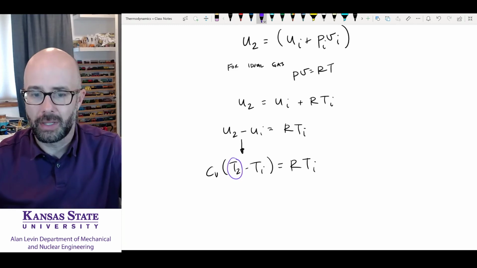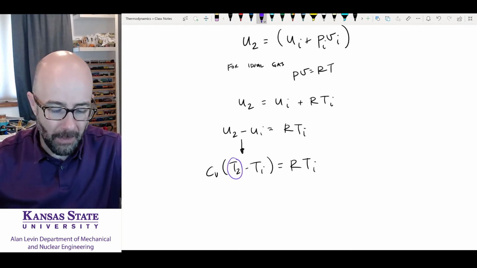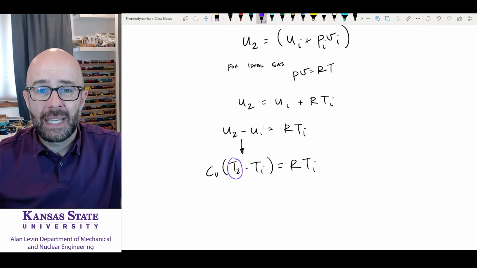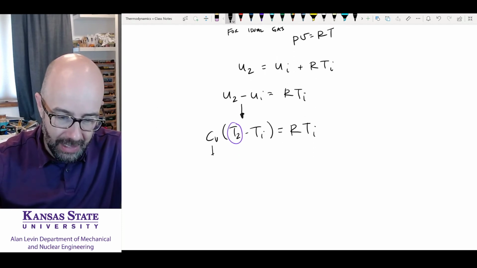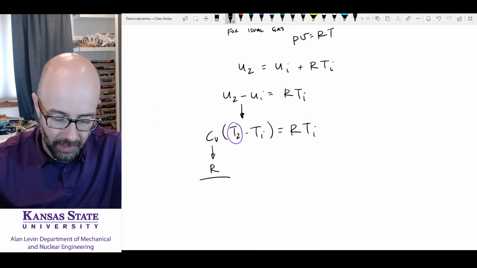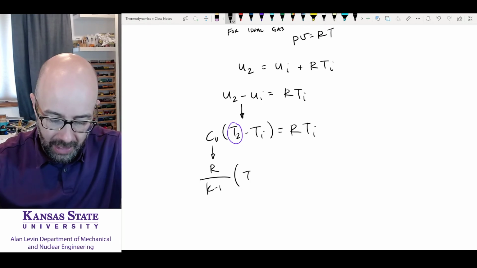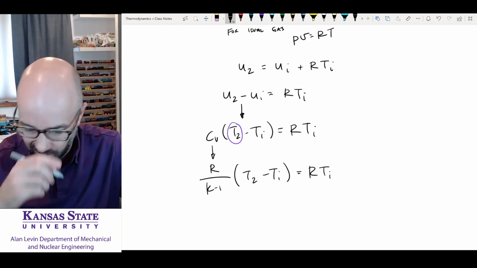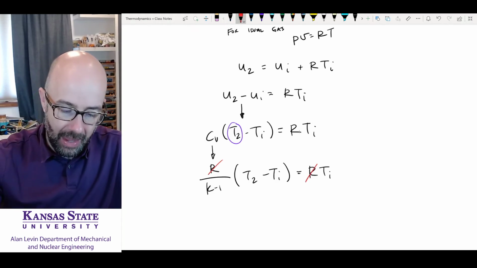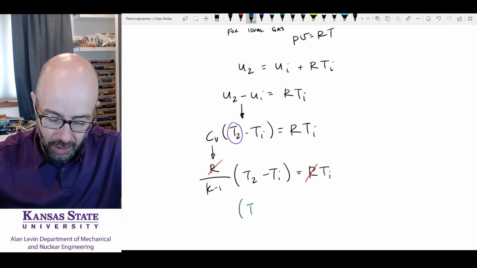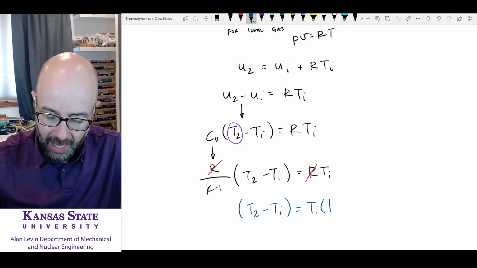Now, C_v: when I'm given a K value in the problem statement, I have to calculate my C_v. That's what it's asking me to do. And I know that C_v is equal to R over (K minus 1), so R over (K minus 1) times (T2 minus T_in) is equal to R times T_in. Now I see there's an R on both sides of the equation, which cancels out, and I can simplify this as T2 minus T_in is equal to T_in times (K minus 1).